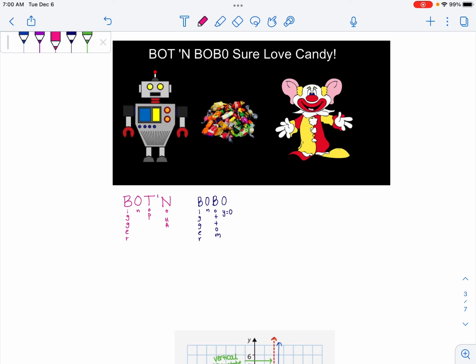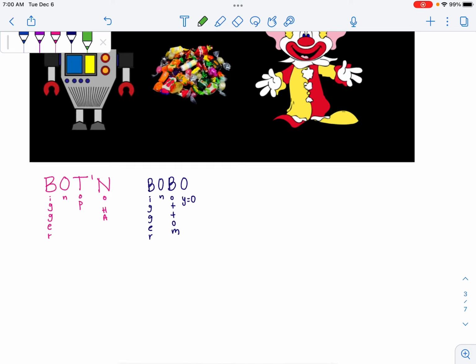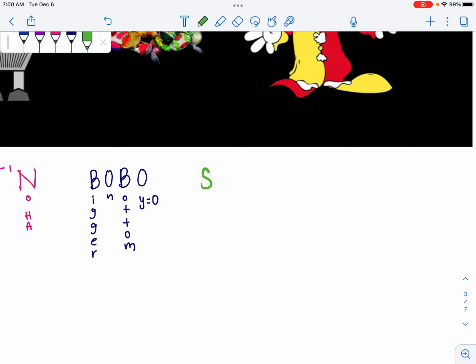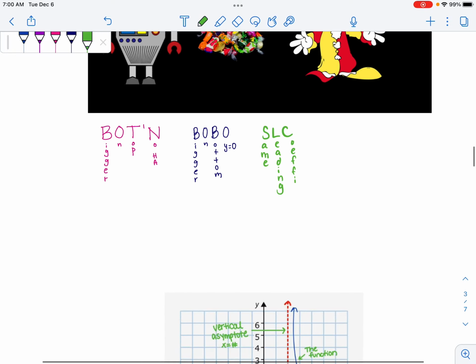And sure love candy, that's just going to be shortened to SLC. This stands for same leading coefficients. So this is how we determine what type of a horizontal or slant asymptote we have.